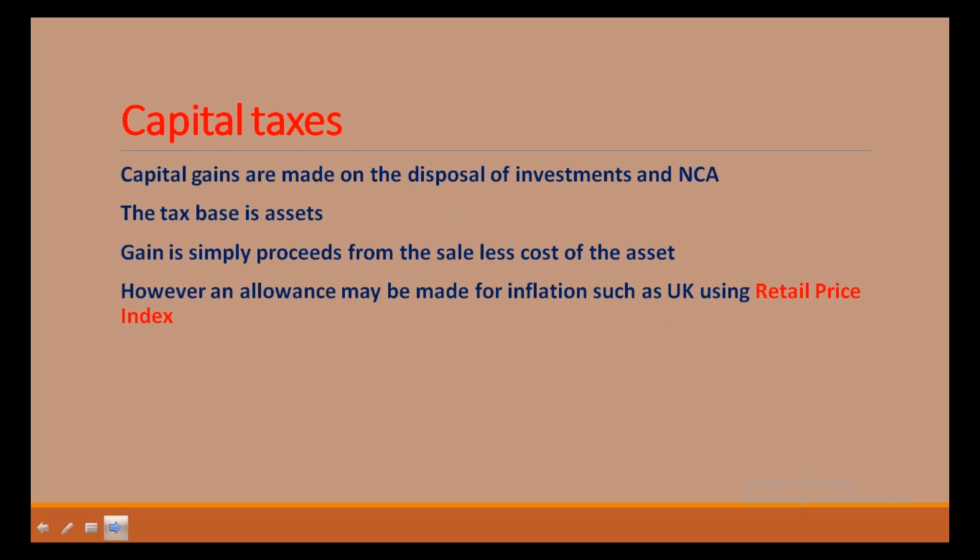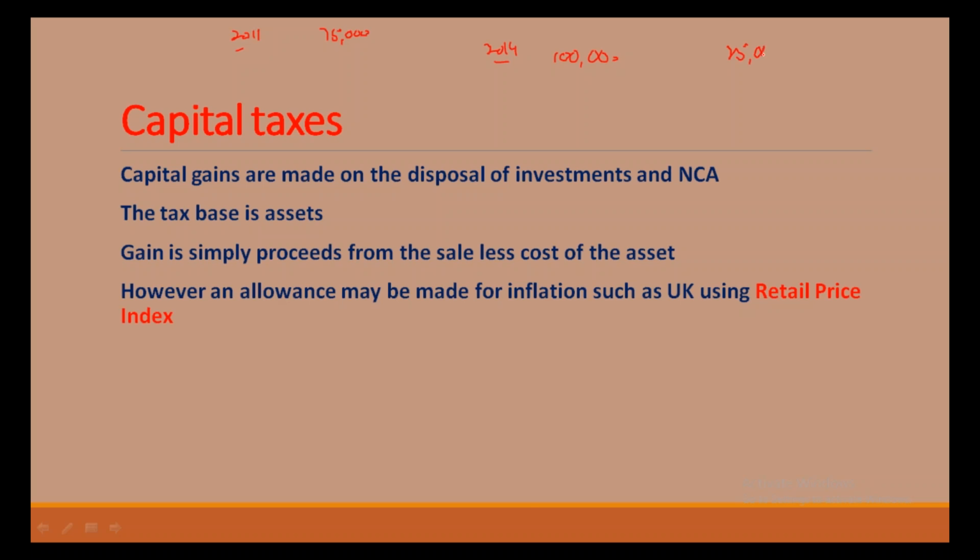Let's assume you bought an asset in 2011 for 75,000, and you sold the asset in 2014. So in the simplest form, 100 minus 75 is your capital gain.